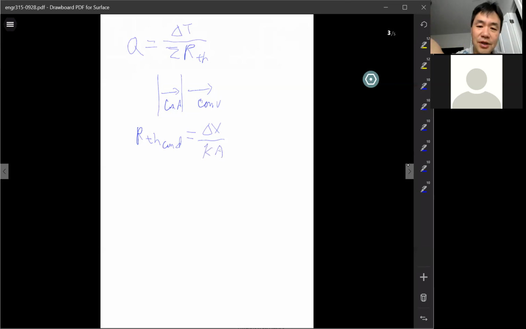How about convection? You can write down the convection equation. Is that right?